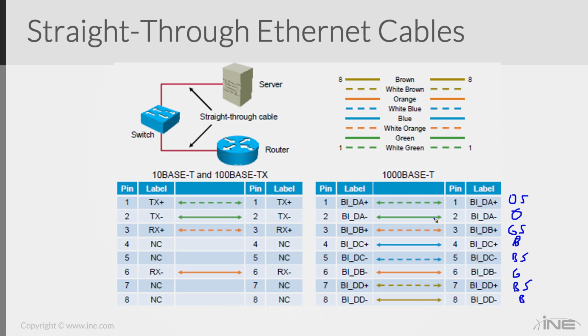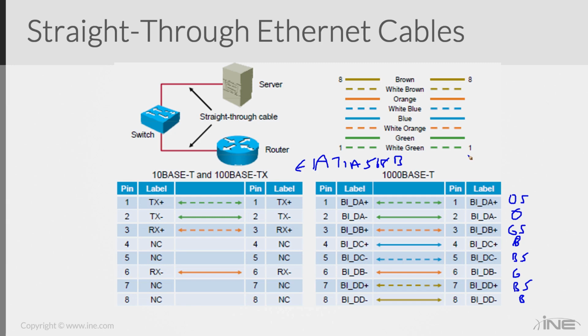As long as both ends match on the cable, so this side right here matches the remote end, the other end of the cable, that's what they call a straight through cable, because both ends of the connection are the same. This also falls back to the EIA/TIA 568B standard.